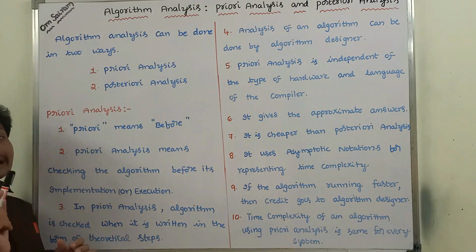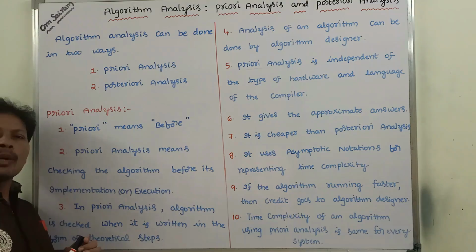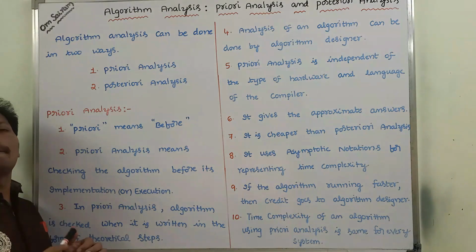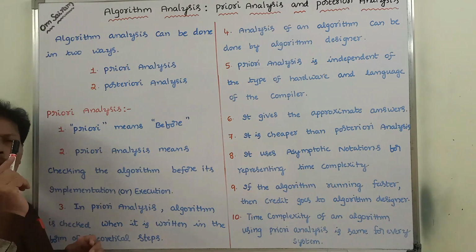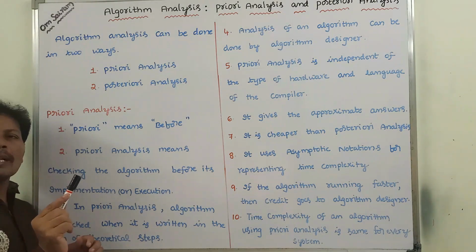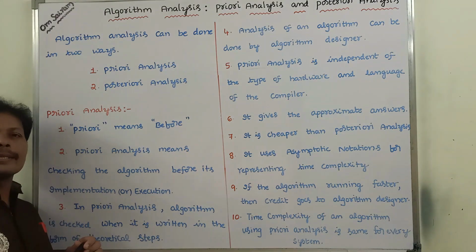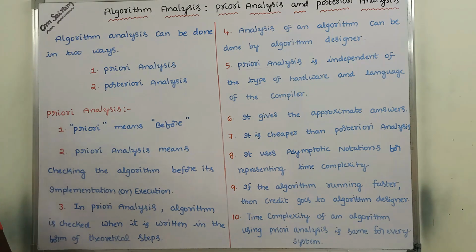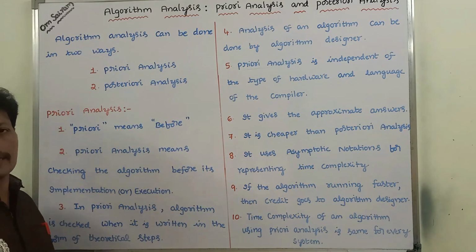Suppose one person calculates the time complexity of linear search in the worst case, that is big O of n. This time complexity is the same for all designers who analyze the algorithm correctly. So this is the simple description of priori analysis.